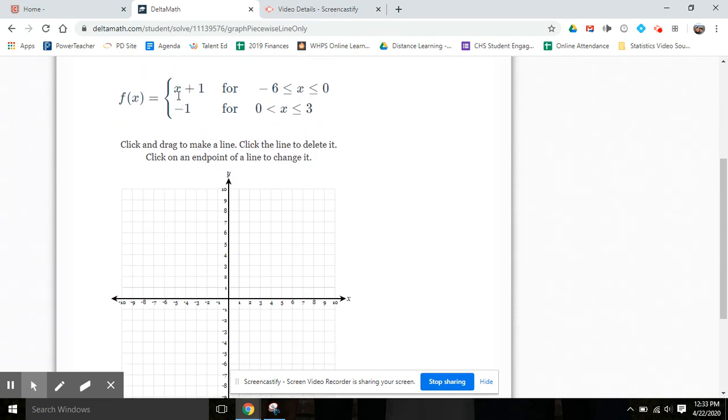The first one says x plus 1 for negative 6 is less than or equal to x is less than or equal to 0. If I had a highlighter, I would highlight at negative 6. This is what I would do on my paper.